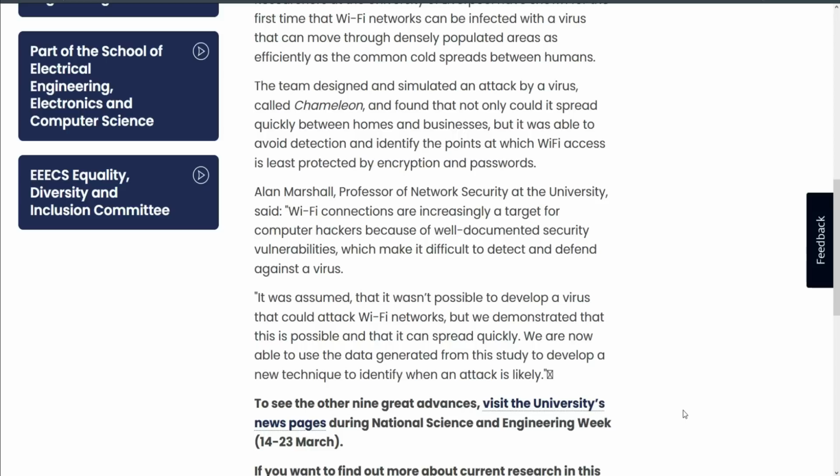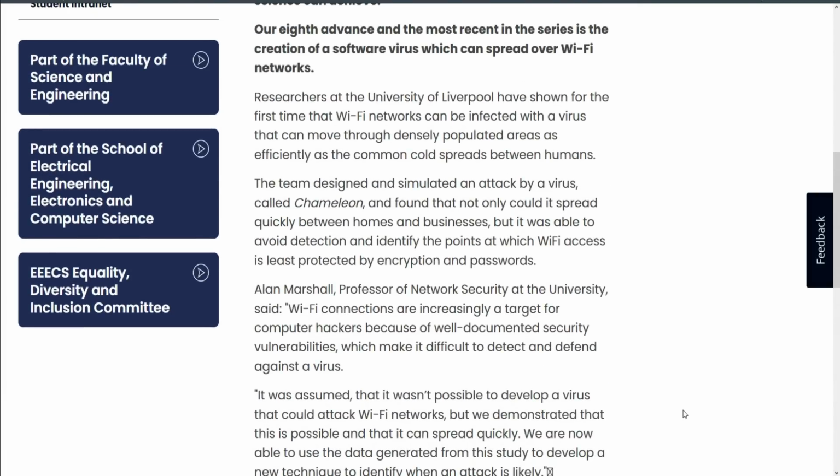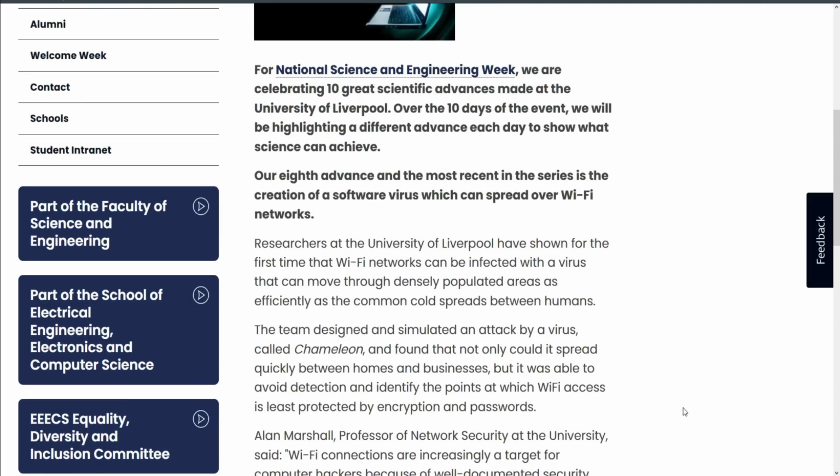We are now able to use the data generated from the study to develop a new technique to identify when an attack is likely. So you can just see my point on this. This is 2014, so you're talking 8 years ago, and they're talking about how viruses can get passed on through Wi-Fi and basically not be identified as to how they've breached security.